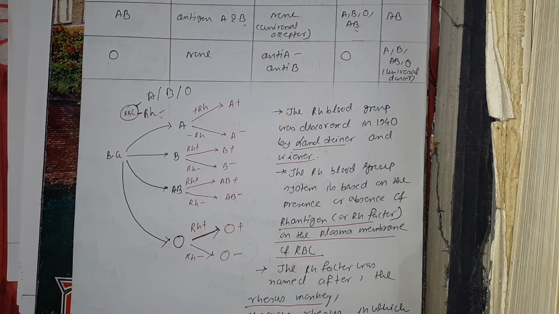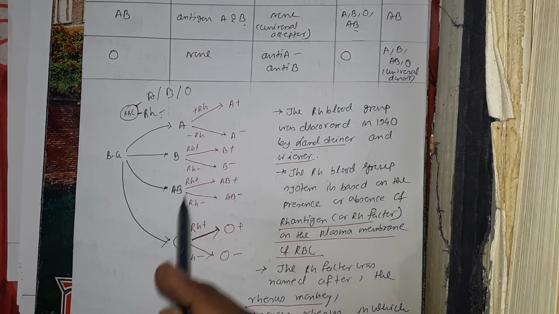So today we are going to talk about another blood group system that is associated with ABO, that is Rh blood group. And on the basis of Rh factor we have classified our A, B, AB, O blood group into 2 further combinations in each case. Therefore, now we have 8 combinations.